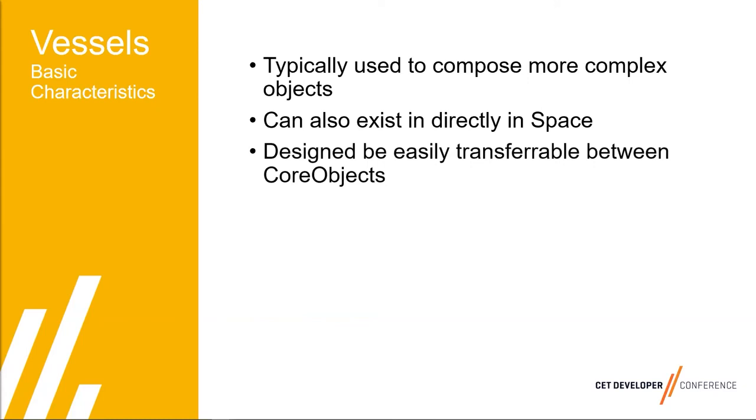Also, like I mentioned, they're owned by core objects, so they're designed to be easily transferable between core objects. You can pass a vessel from one owner to another. This is really useful when you're writing animations. When you have some animations and you want to customize the behavior, you don't have to think about all the edge cases.